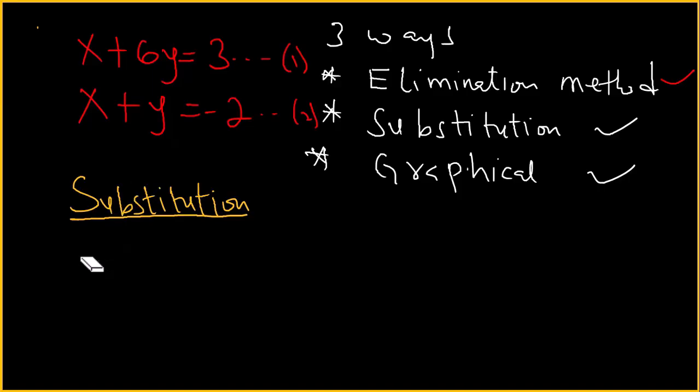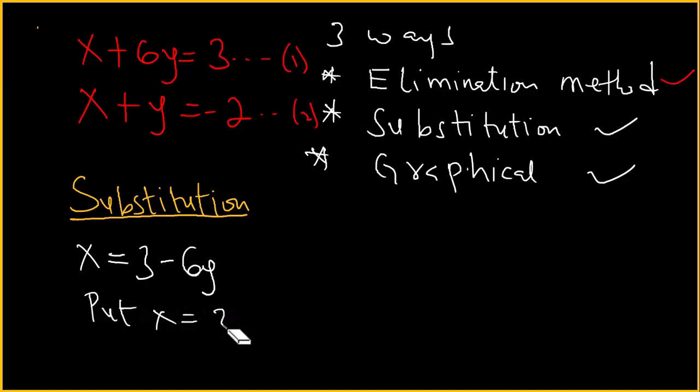Now we have x equals 3, negative 6y taken to this side, minus 6y. Now we've made x the subject from the first equation. So after doing this, we put x, which is equal to 3 minus 6y, into equation 2.